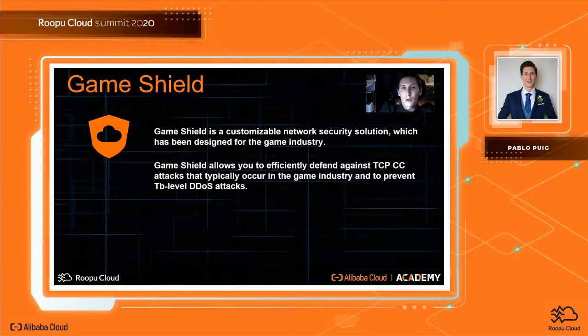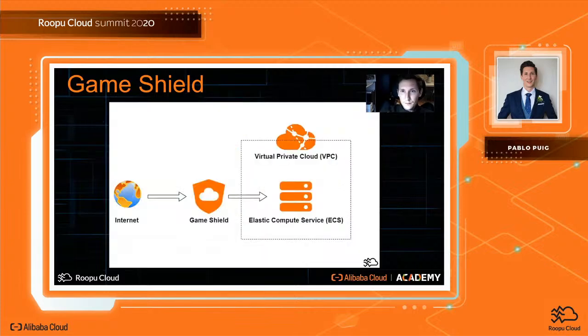So this solution reduces protection costs and provides better security. In the following picture, you can see the typical scenario. Through the coding of proprietary protocols, GameShield can defend against connection floods that are unique to the game industry, as well as against DDoS attacks.